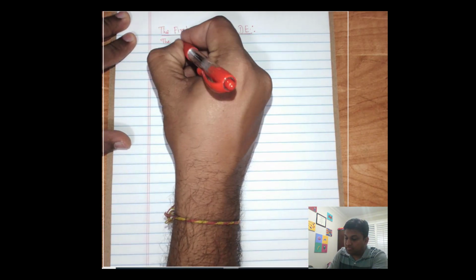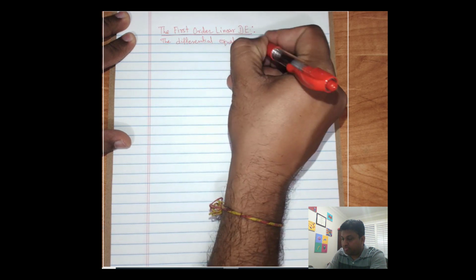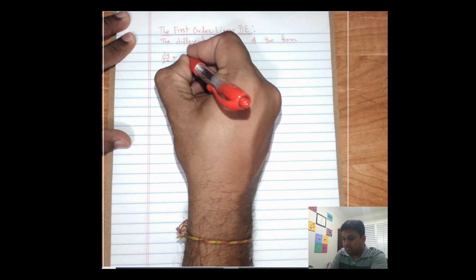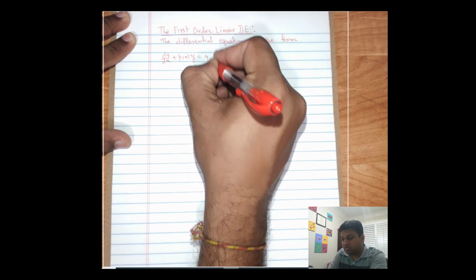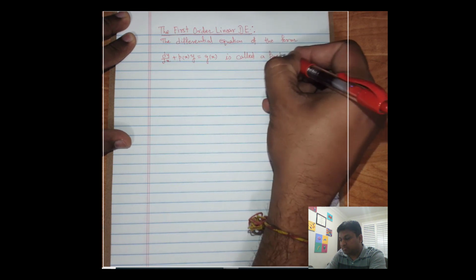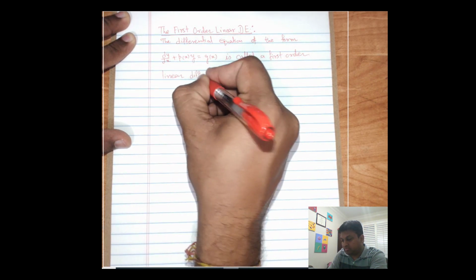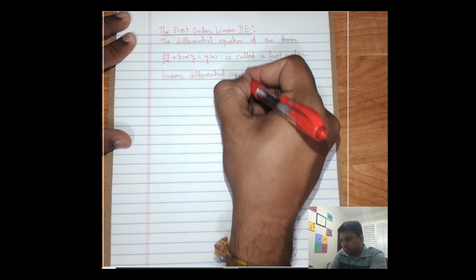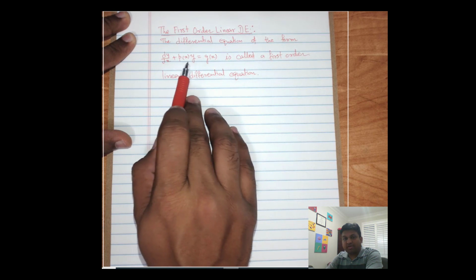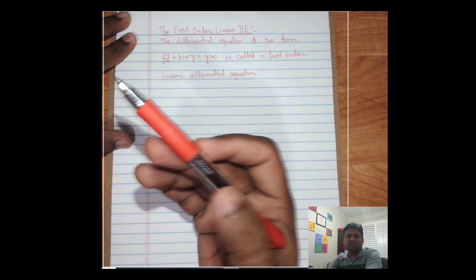The differential equation of the form dy by dx plus some function of x times y equal to another function of x is called a first order linear differential equation.